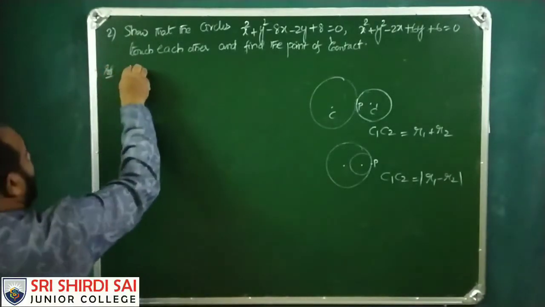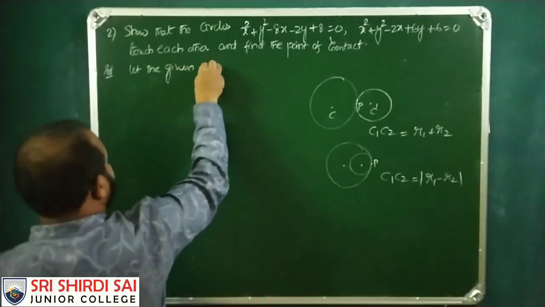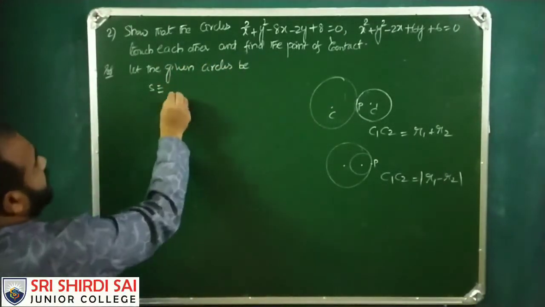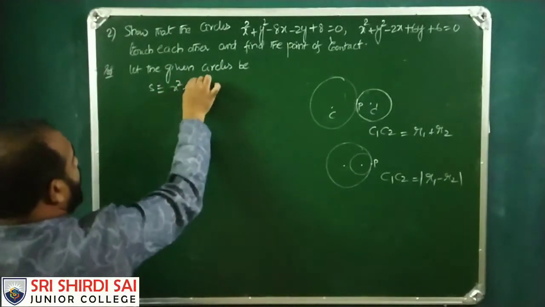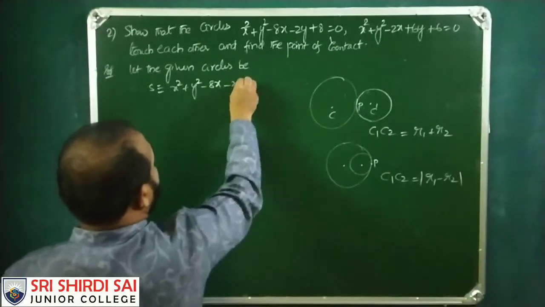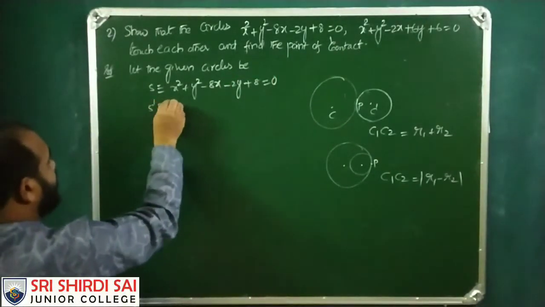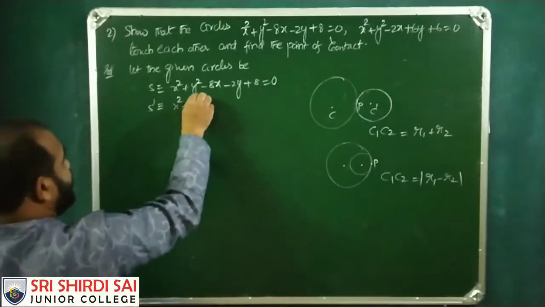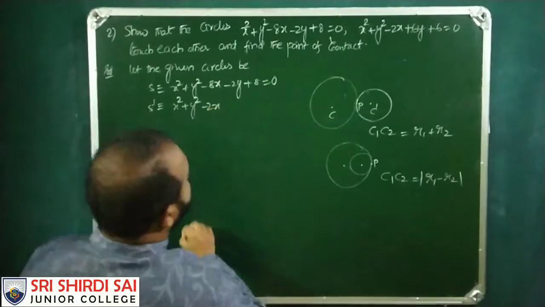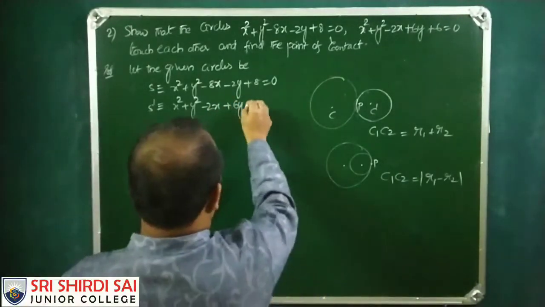Solution. Let the given circles be S: x square plus y square minus 8x minus 2y plus 8 equals 0, and S dash: x square plus y square minus 2x plus 6y plus 6 equals 0.